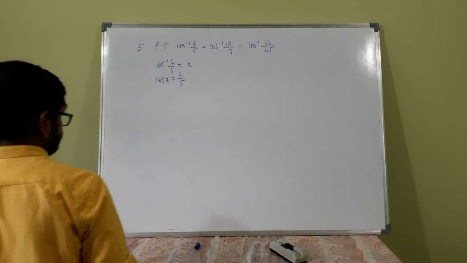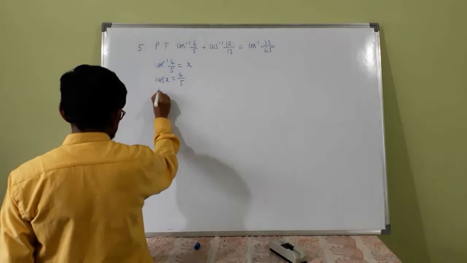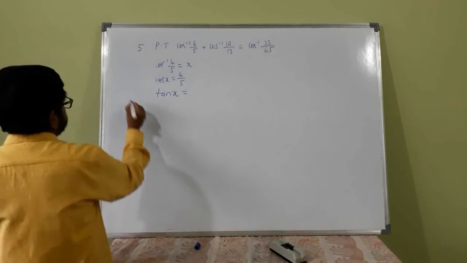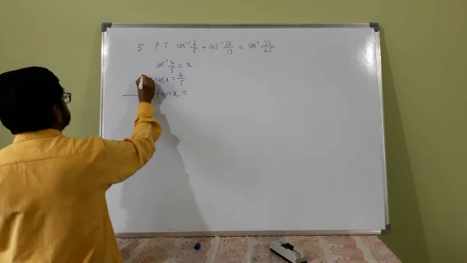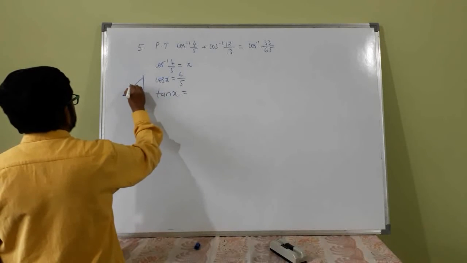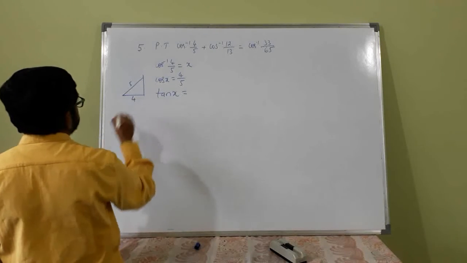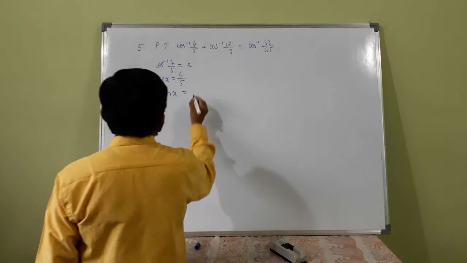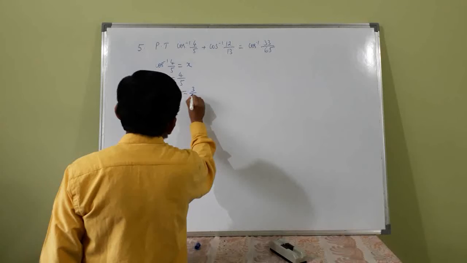If it is 4 by 5, tan x should be 3 by 4, since the hypotenuse is 5, the adjacent side is 4, so the other side is 3.